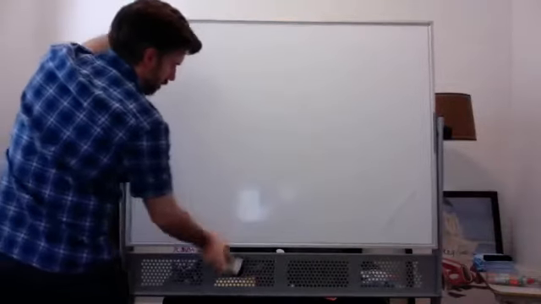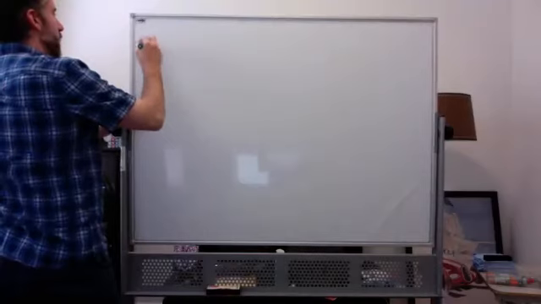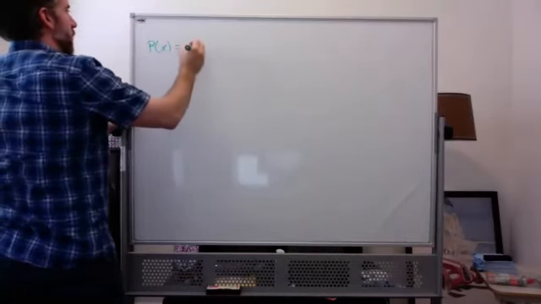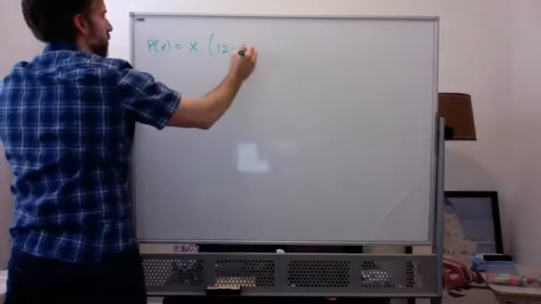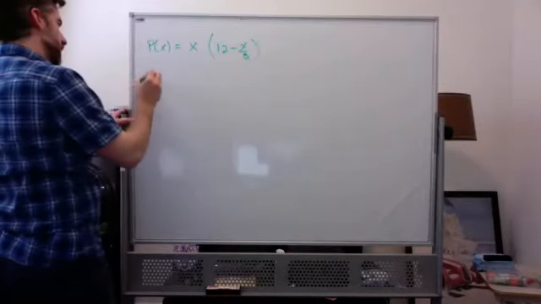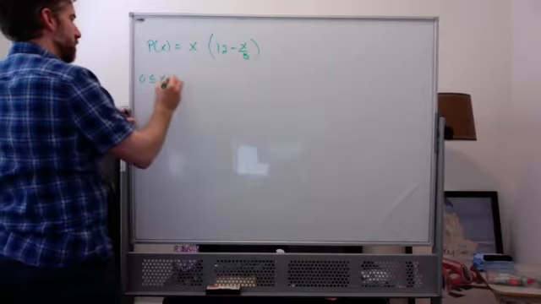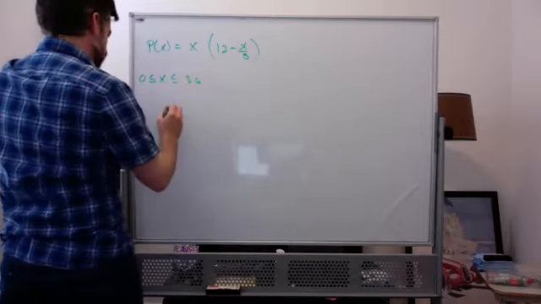So our function p of x is x times 12 minus x over 3, and our domain is x between 0 and 36. And here's what it looks like.